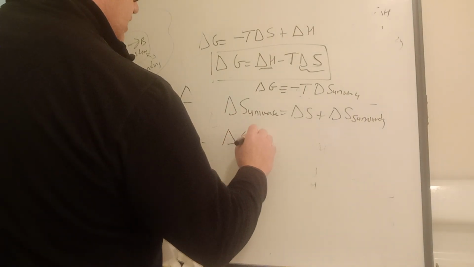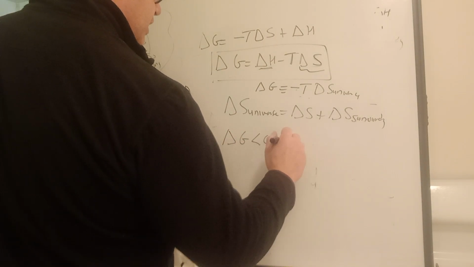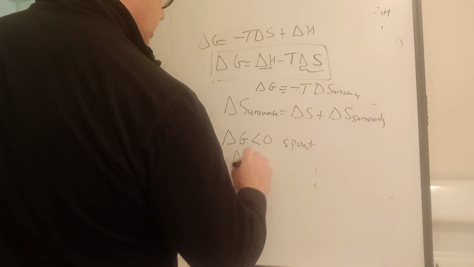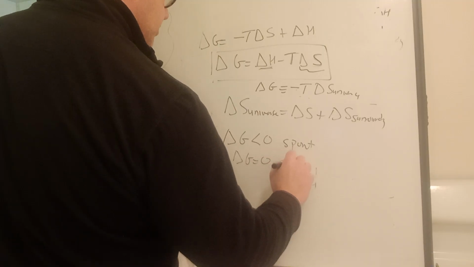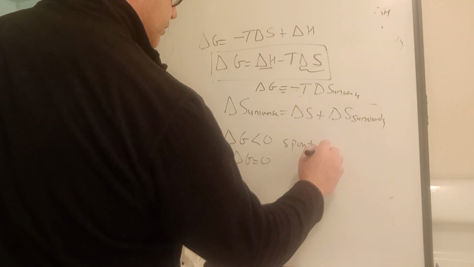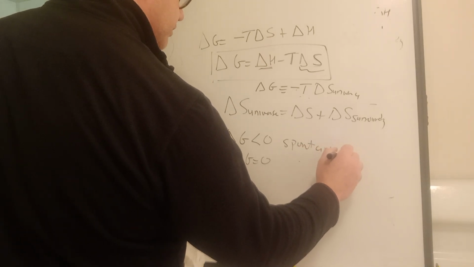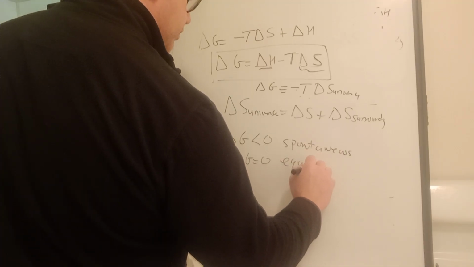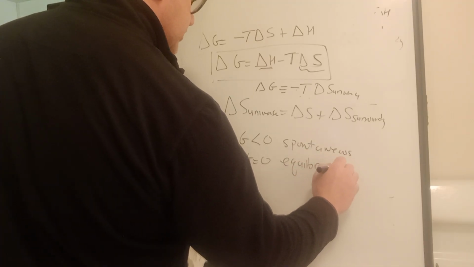Delta G less than 0 is spontaneous. Delta G equals 0 is equilibrium or a reversible system.